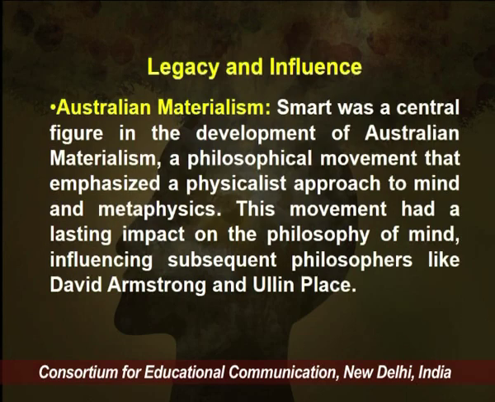The legacy and influence of J.J.C. Smart. Australian materialism. Smart was a central figure in the development of Australian materialism, a philosophical movement that emphasized a physicalist approach to mind and metaphysics. The movement had a lasting impact on the philosophy of mind, influencing subsequent philosophers like David Armstrong and U.T. Place.